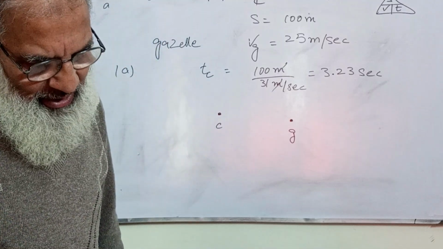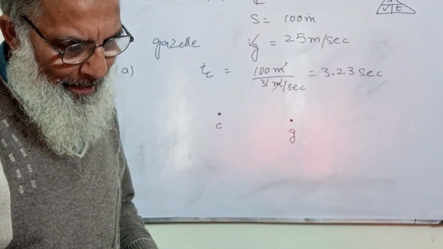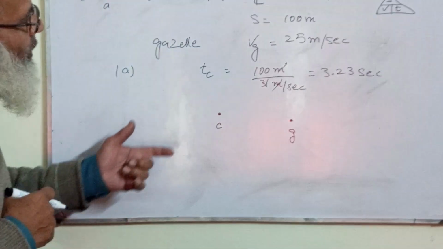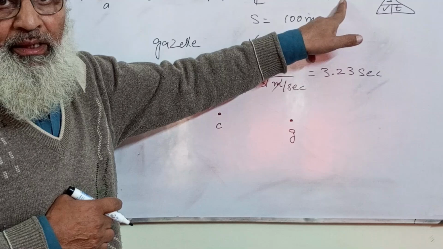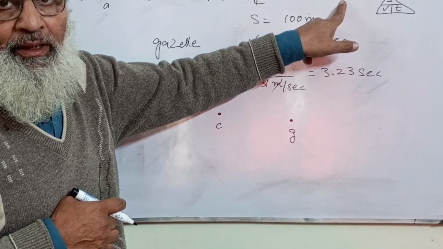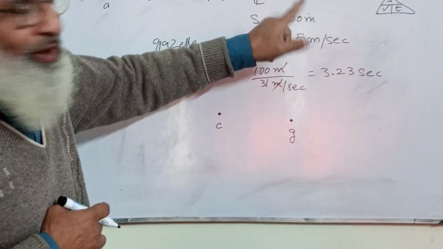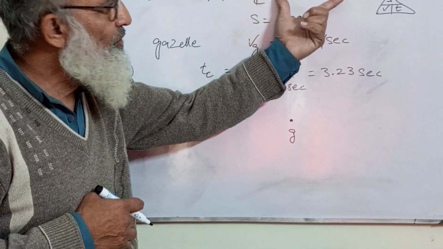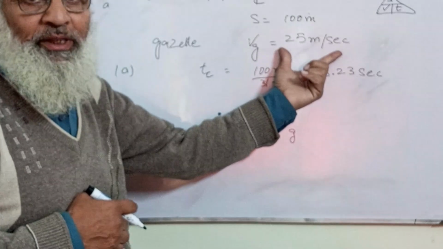What is the closing speed of the cheetah? Okay, now you see that this is 31 meters per second. Now, if he wants to catch the gazelle, this is the initial speed, and this must be the closing speed.